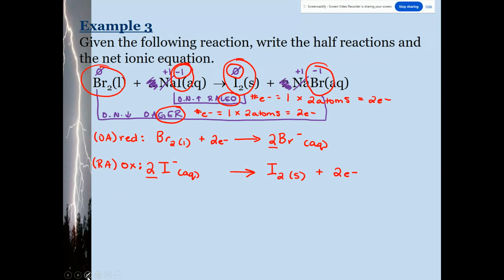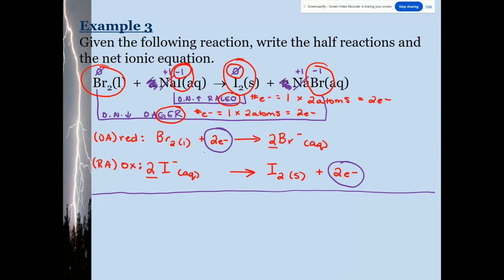Notice again, every time you write a net redox reaction, one species is gaining, one is losing. One is a reactant, one is a product. Now they cancel here. There's 2 on each side. So I don't need to multiply the half reactions by anything.